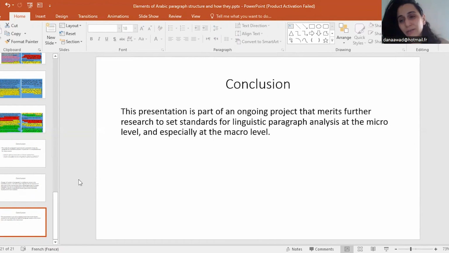But at the macro level, we need to set linguistic standards. And for translators and also for educators.